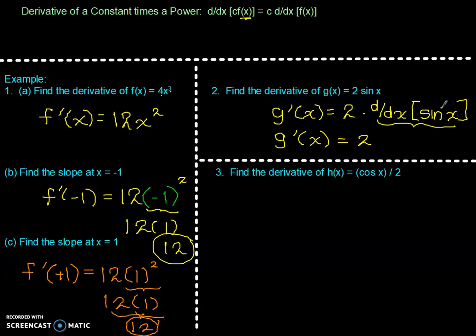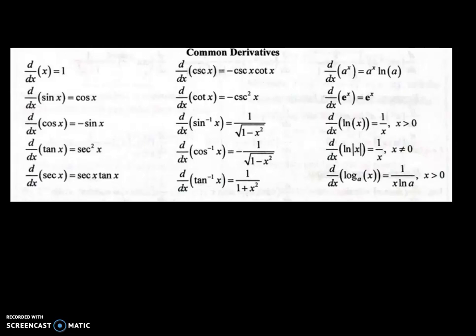Well, a lot of you did use the difference quotient to determine the derivative of the trig functions already, but in case you don't remember, there is a little sheet I've made up of all the derivatives of trig functions, inverse trig functions, logs, exponentials, just in case. Screenshot away. So just looking at the second one, the derivative of sine is cosine, and you can prove that using the difference quotient.